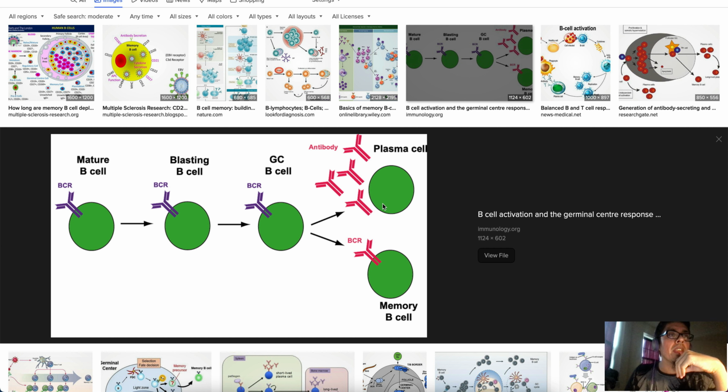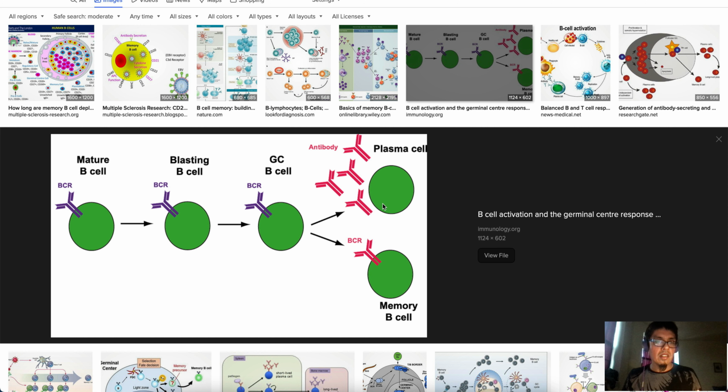The helper T cell, which is also known as a CD4 cell, then detects the presence of this antigen on this MHC2 complex, attaches via one of its receptors, and then gets activated by this interleukin.